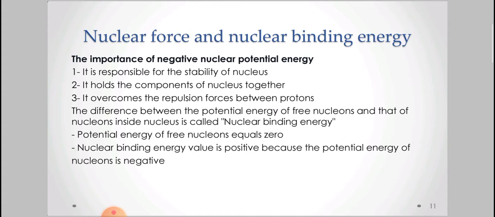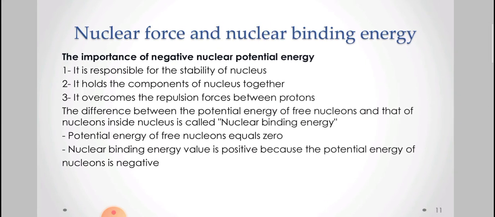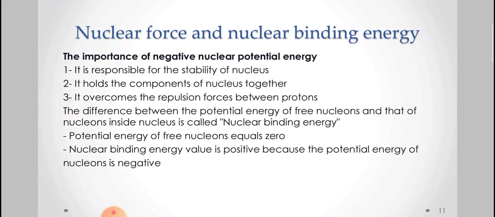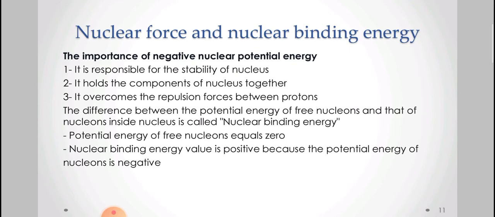The importance of negative nuclear potential energy: Number 1, it's responsible for the stability of the nucleus. Number 2, it holds the components of the nucleus together. Number 3, it overcomes the repulsion force between protons. The difference between the potential energy of free nucleons and that of nucleons inside the nucleus is called nuclear binding energy.